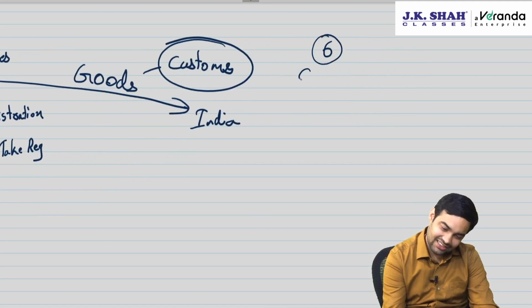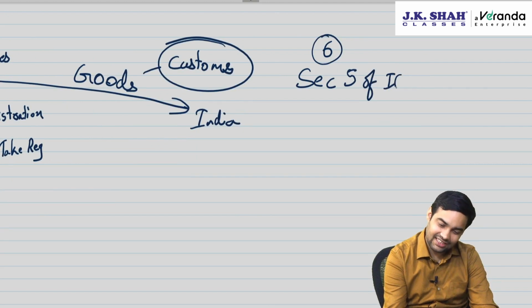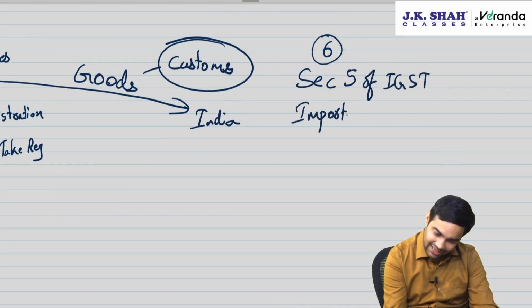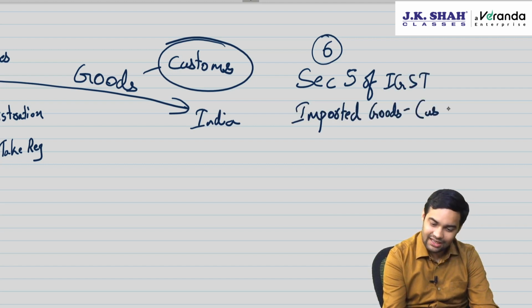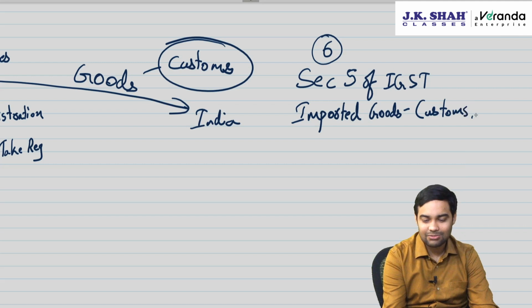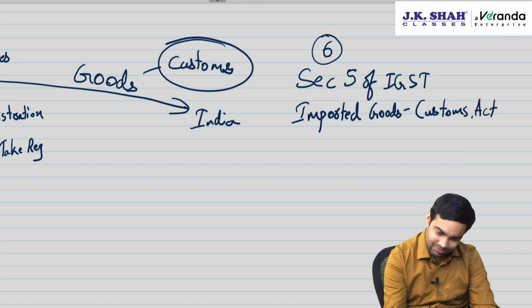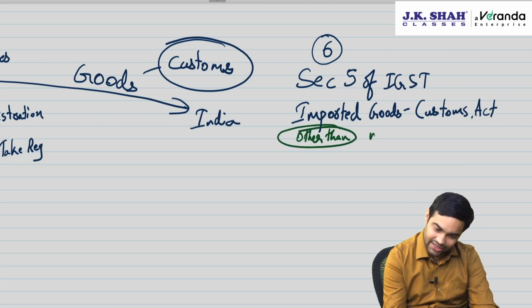They changed the charging section, section 5 of IGST Act, which says that for any imported goods, the levy and collection will be based on Customs Act. Now here they added something, other than those notified.